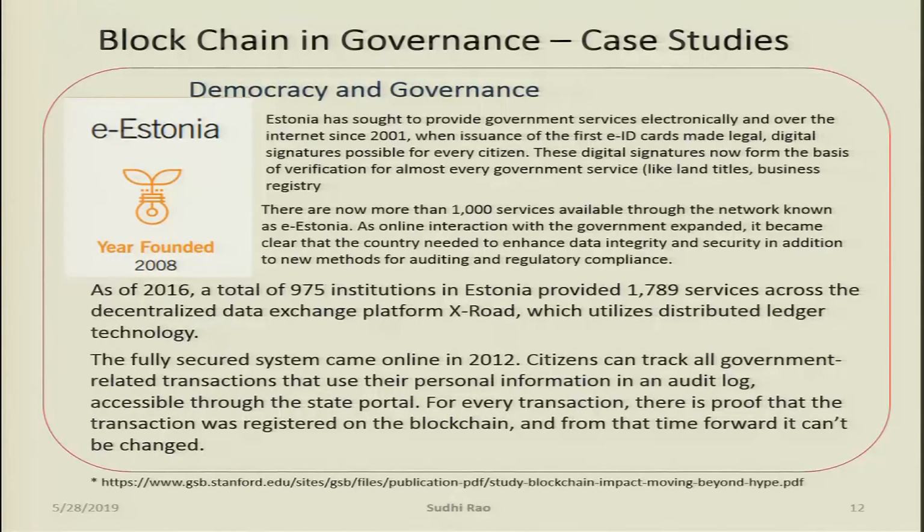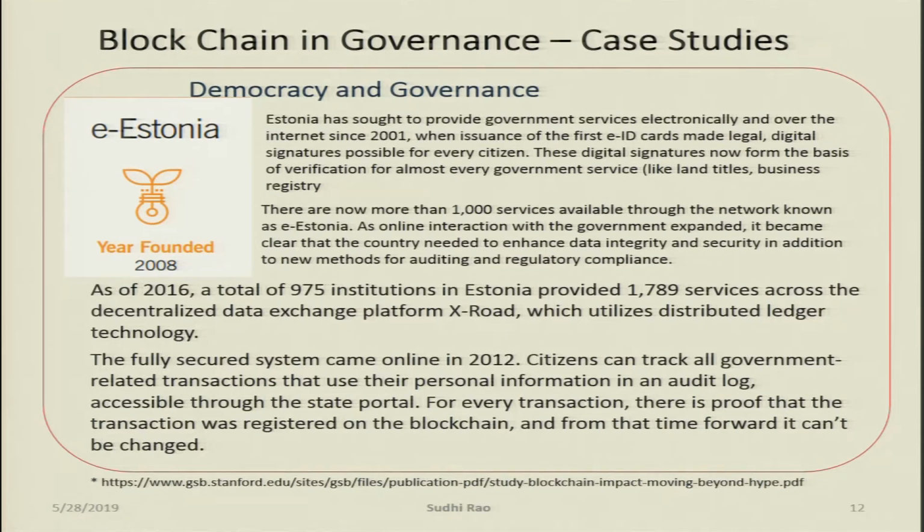So, as of 2016, the number has increased. 975 institutions in Estonia provided 1789 services across the decentralized data exchange platform X-Road, which utilizes distributed ledger technology, which is nothing but a blockchain.